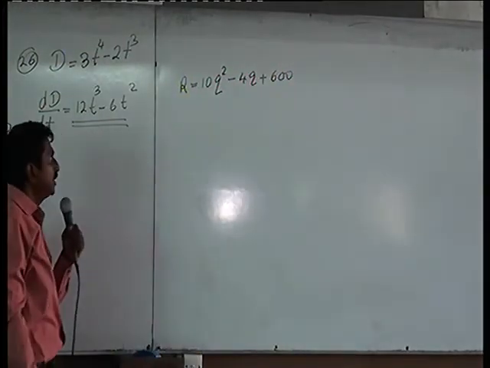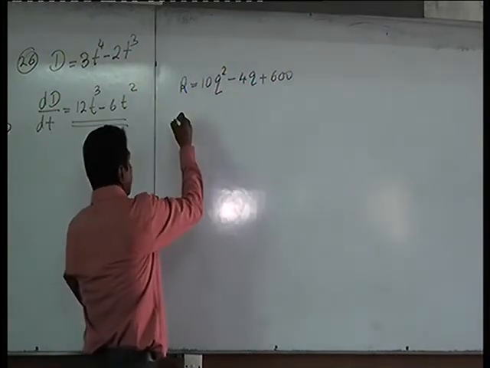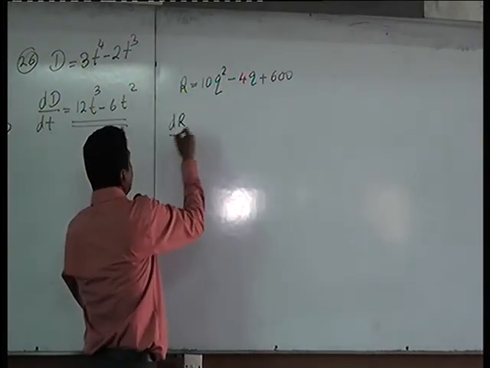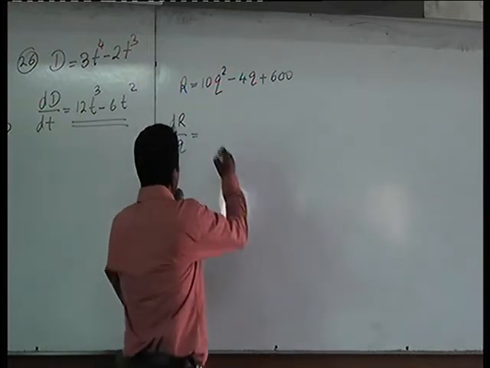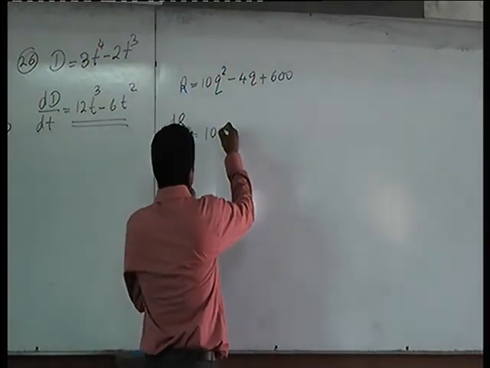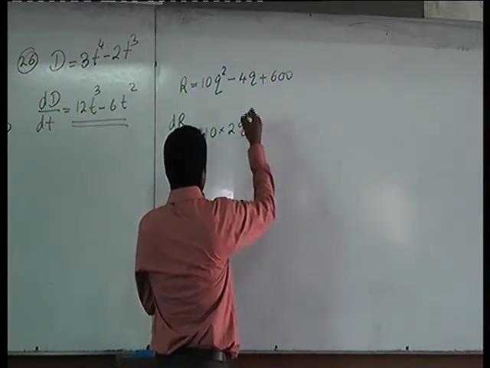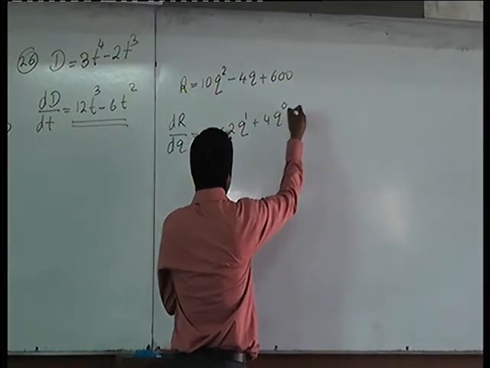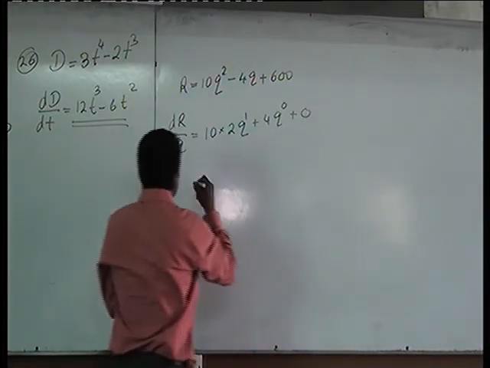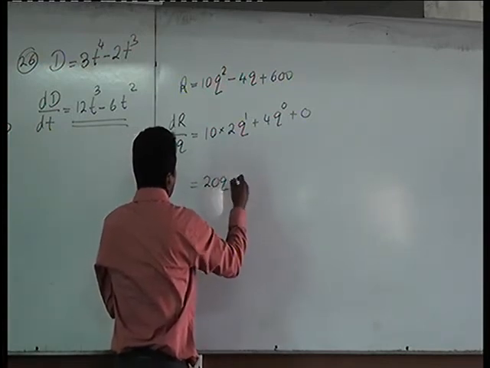Revenue is equal to 10 into quantity, q squared, quantity q, a simple q. So dR by dq is equal to 10 into 2q to the power 2 minus 1, plus 4q to the power 0, plus 0. So the final answer is 10 into 2, 20q plus 4.